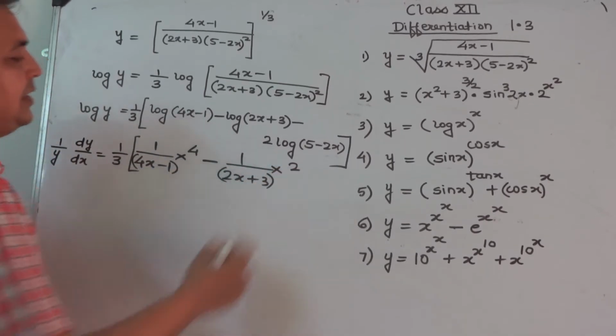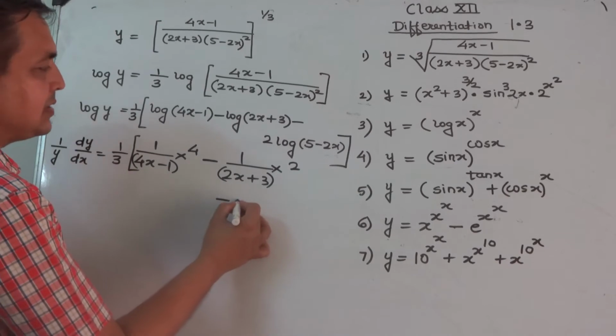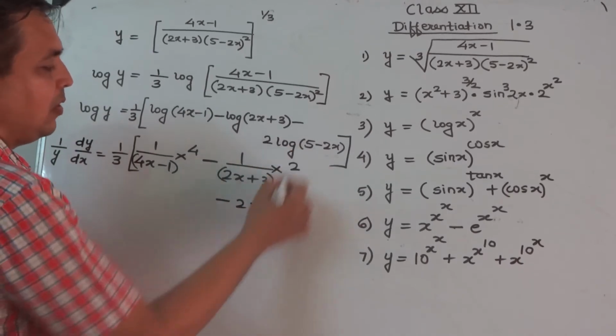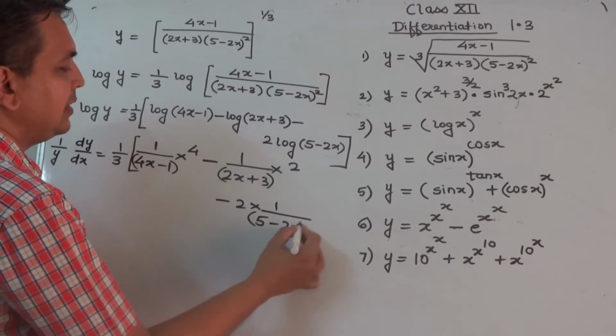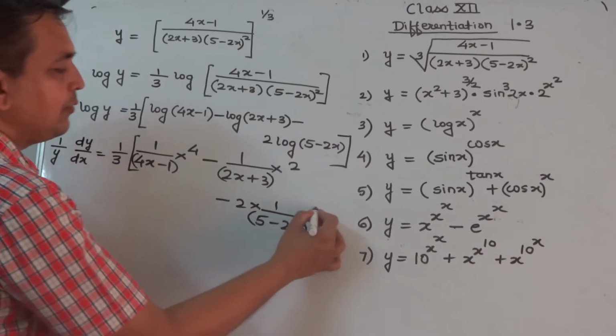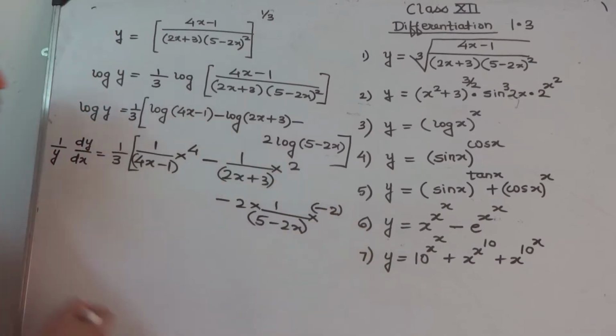of 2x plus 3 is 2, minus 2 times log, derivative is 1 upon 5 minus 2x, chain rule, into derivative of 5 minus 2x is minus 2.